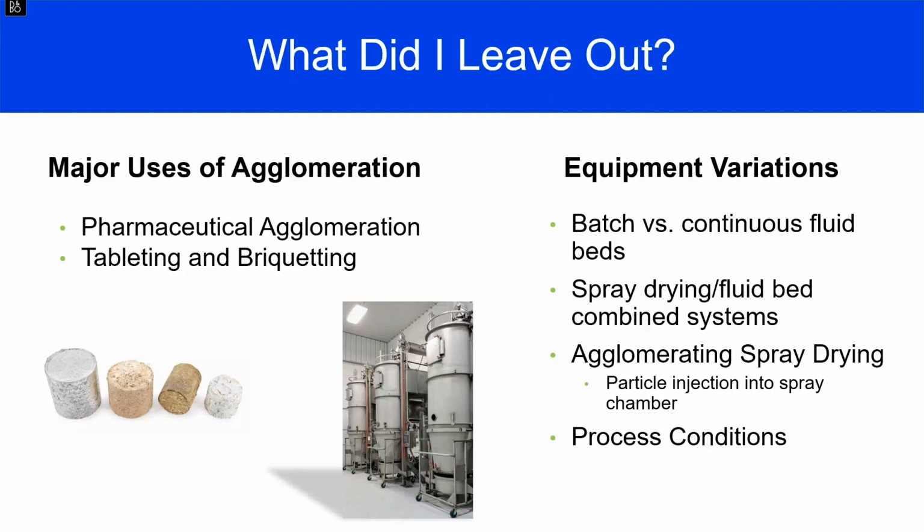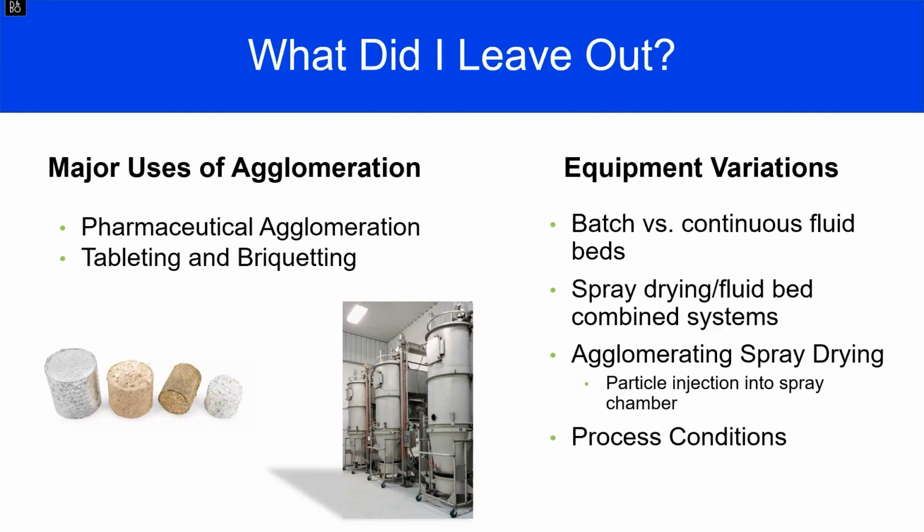I apologize. That's not my field. I will tell you that many of the considerations, the water addition rate, the densities, do I use a high shear versus a fluid bed? The things that I talked about should be very applicable to pharmaceutical agglomeration. You'll just have to change the materials to fit the purpose.